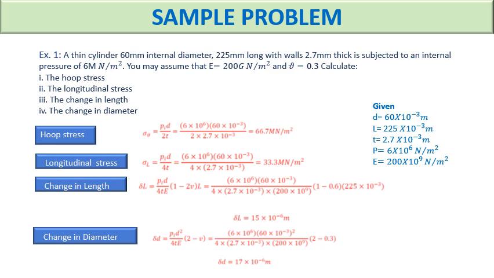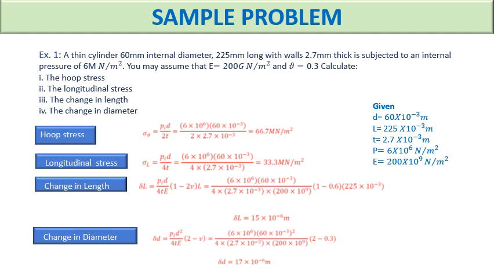Next one is the change in length. The change in length is given by the equation PD over 4TE into 1 minus 2 nu, all multiplied by the length. If you substitute all the values in this equation, we will get the change in length, delta L, that is equal to 15 into 10 to the power minus 6 meter or 15 microns.